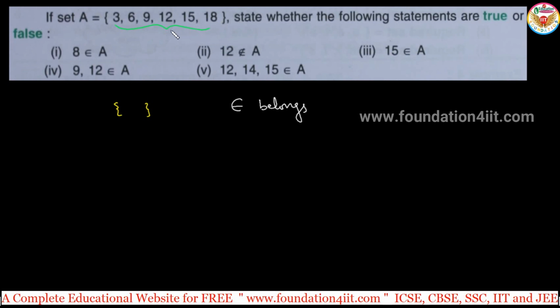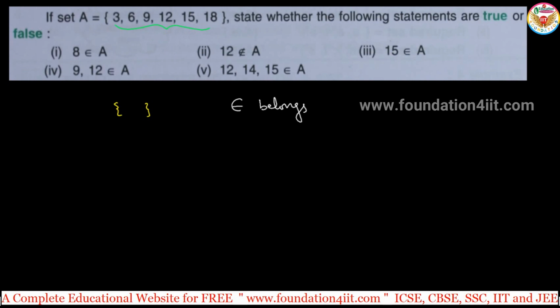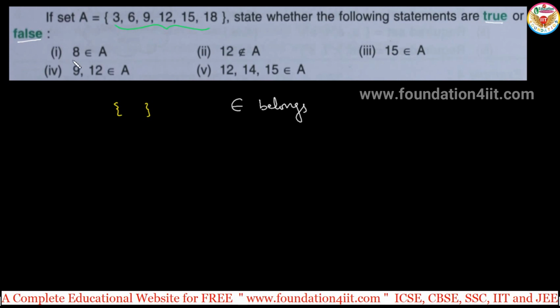Now a group of all the numbers, or even numbers, or odd numbers, is some set with some particular meaning. Within the braces, we use the numbers 1, 2, 3, 4, 5, 6. Now this is set A. First question, we have to say true or false: 8 belongs to A. Is there 8? Yes or no? 8 belongs to A is mentioned, but 8 is not there in the set, so it's false.